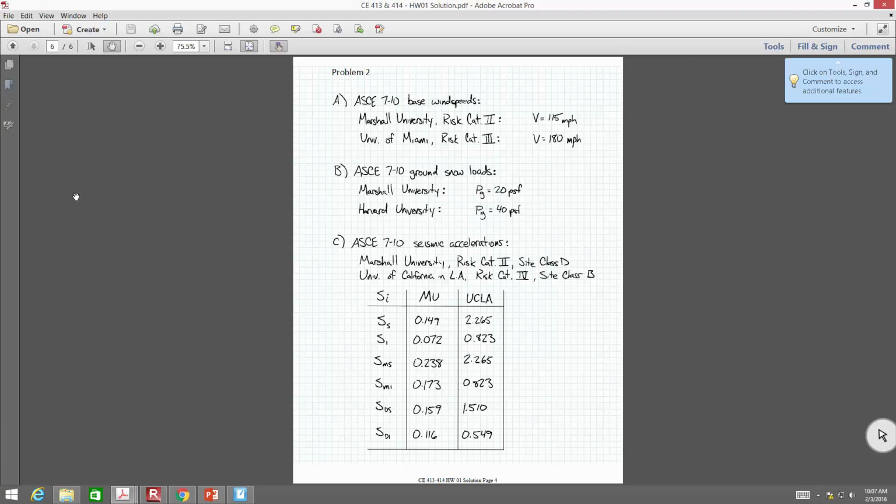To go from here to here, your modified short period and your modified 1-second accelerations, those are a function of the soil conditions. You'll notice different adjustments at UCLA than you have here at Marshall, and it has nothing to do with the location. It has to do with these site classes. We chose a different site class for UCLA than we did at Marshall, so we get different adjustments.